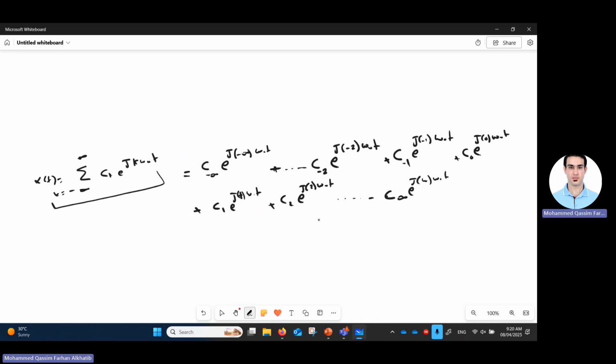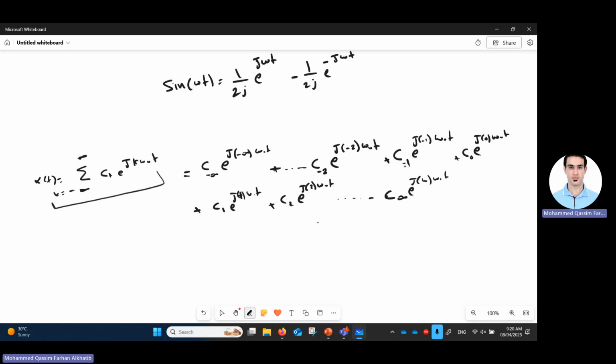Now, if I want to compare this to the one that I got for sine, which was sine omega t equals 1 over 2j e to the power j omega t minus 1 over 2j e to the power negative j omega t, right?